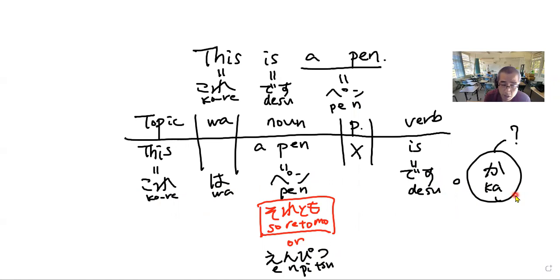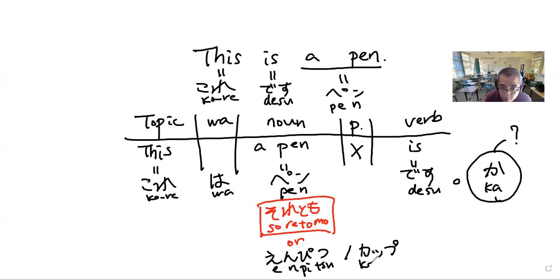How do you say, is this a pen or cup? It sounds a bit weird, but for practice purposes, please bear with it. Is this a pen or cup? How do you say cup in Japanese? Cup is cup.